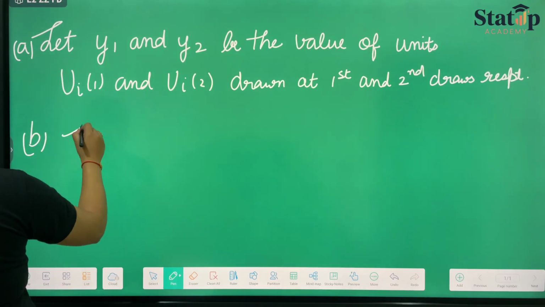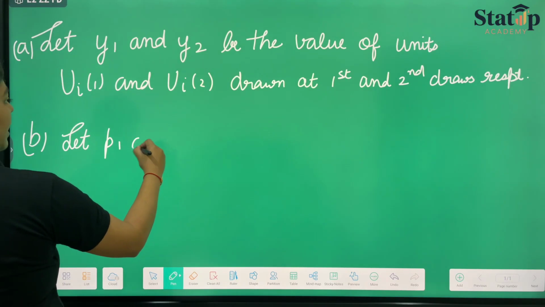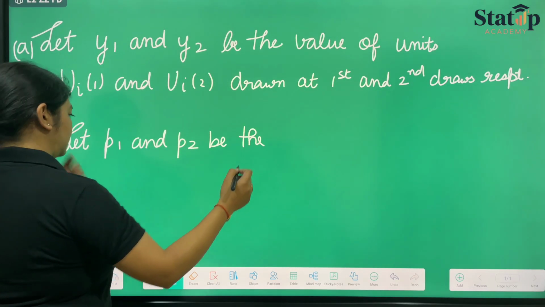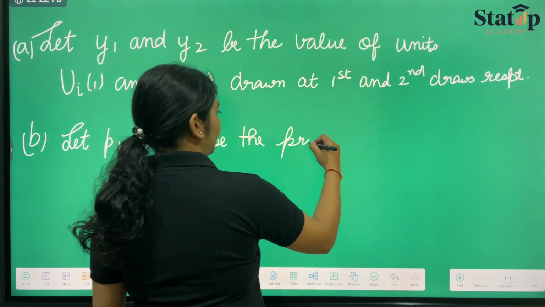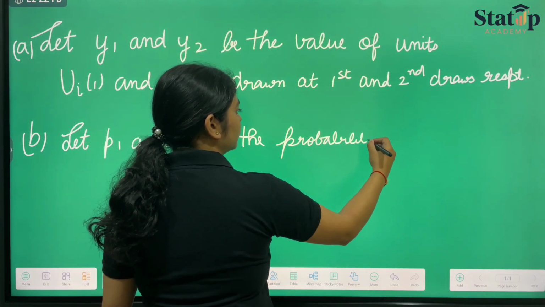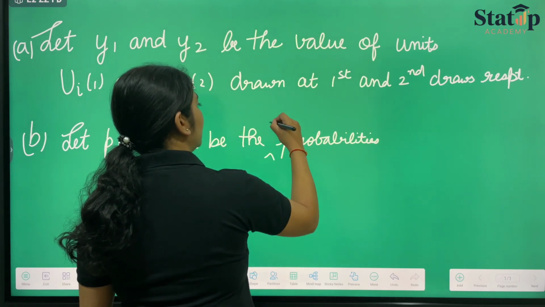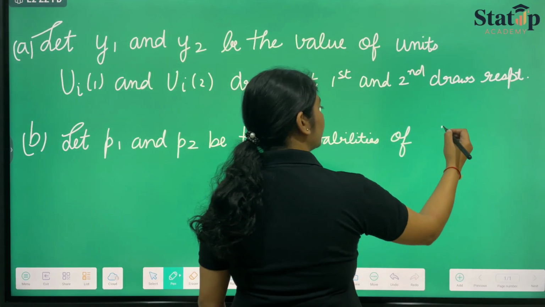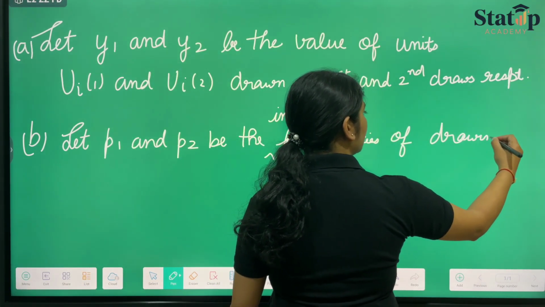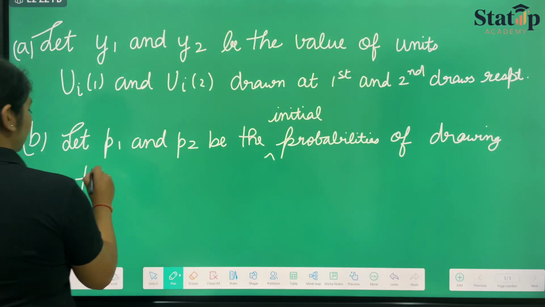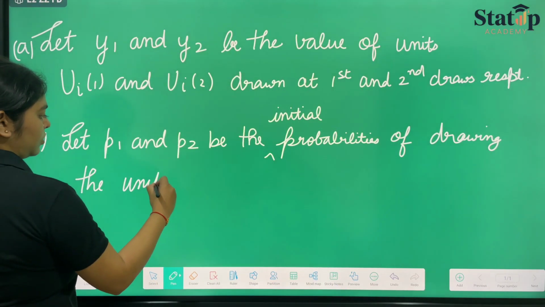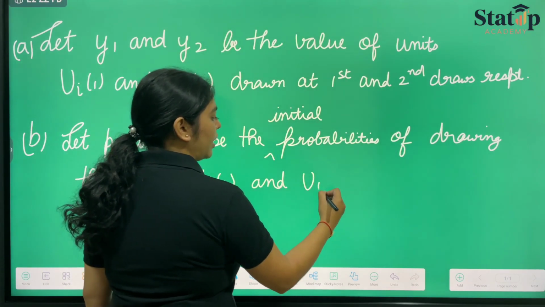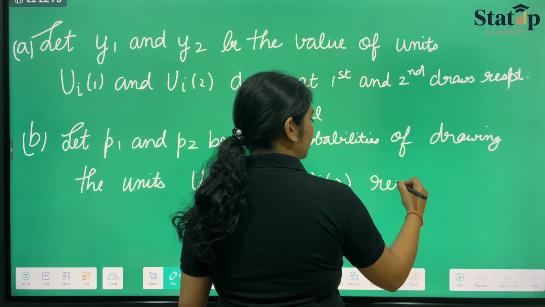Second point is let P1 and P2 be the probabilities, or we can say initial probabilities, of drawing the units ui1 and ui2 respectively.